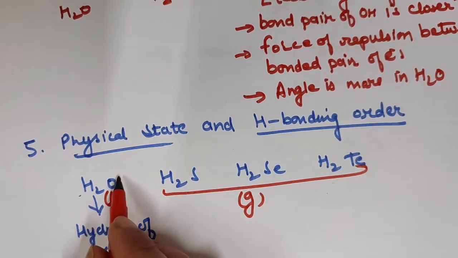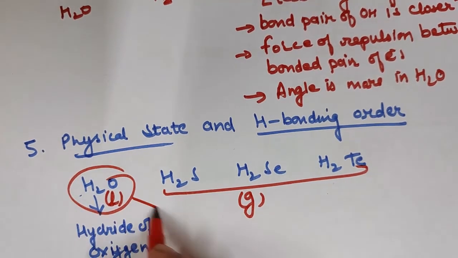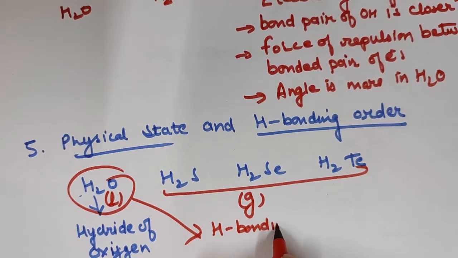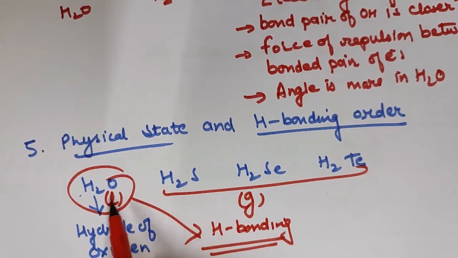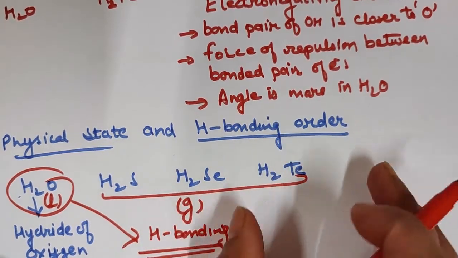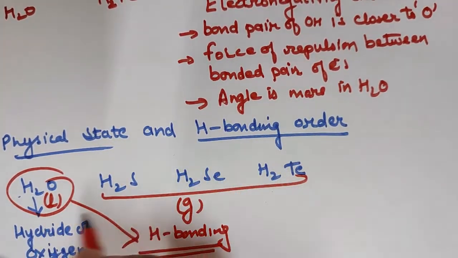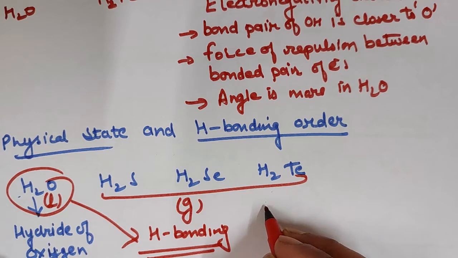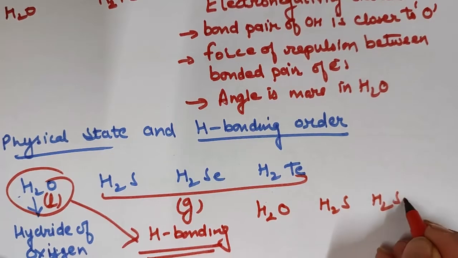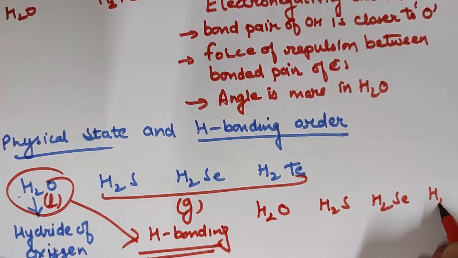The reason is, in case of H2O, there is hydrogen bonding, and because of H bonding, this exists as a liquid. Now what type of order is there for H bonding? The order will be H2O, H2S, H2Se and H2Te.